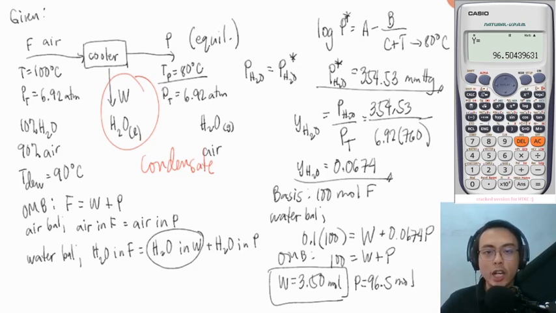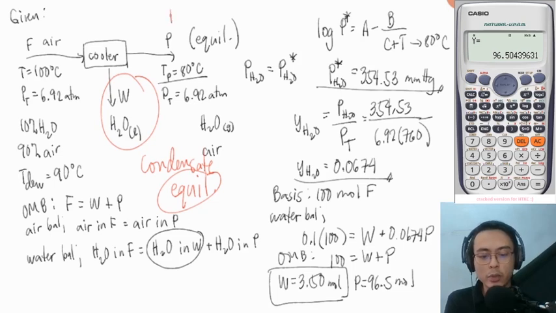So they were in contact. You can say that this is already an equilibrium condition. Whenever you have a condensate, you can already equate the partial pressure to the vapor pressure in the product side. You only apply that in the product side.